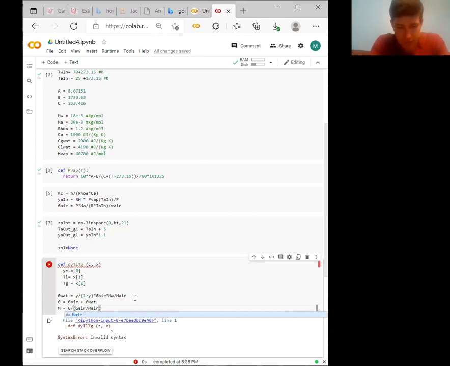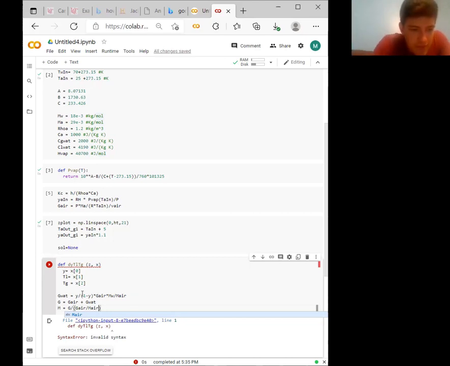If we're trying to find the molecular weight of a whole system, we need to take the molar flow rate divided by the molar mass of both components. Okay, does it make sense?